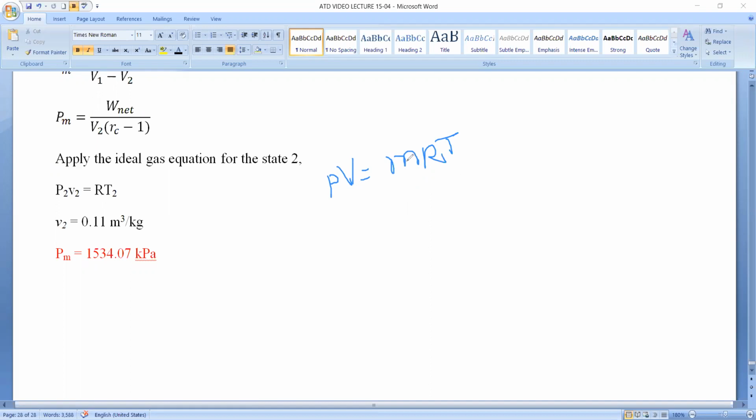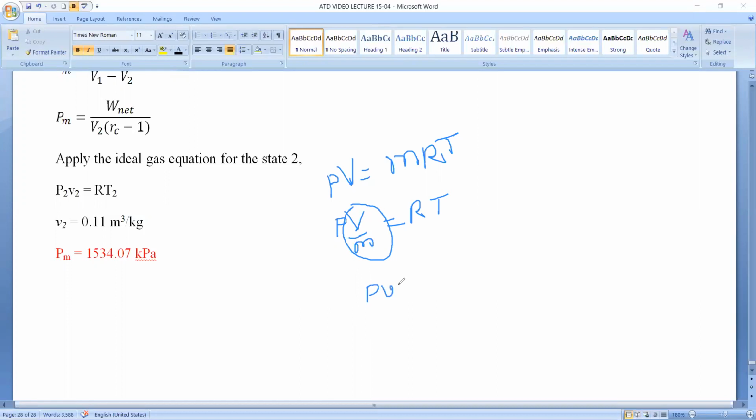Now, if we take this M to the denominator, I'll get P capital V divided by M equals RT. So V by M is the specific volume, which can be written as small v.